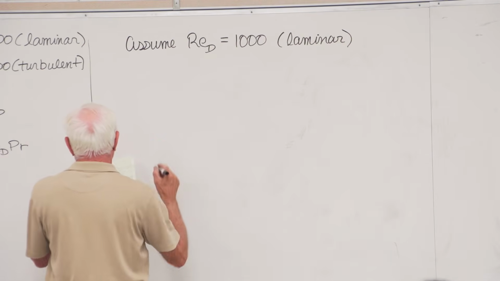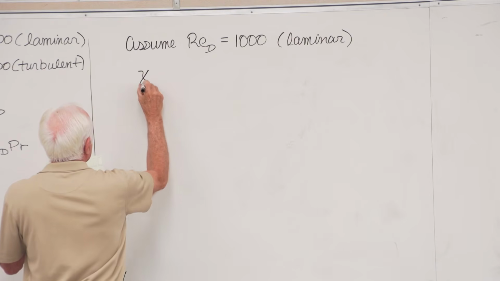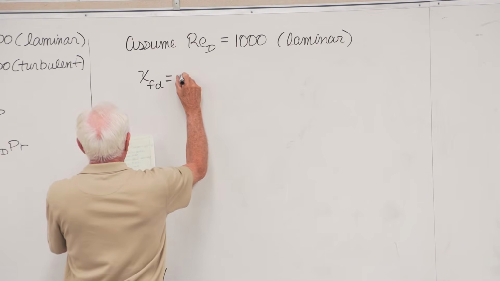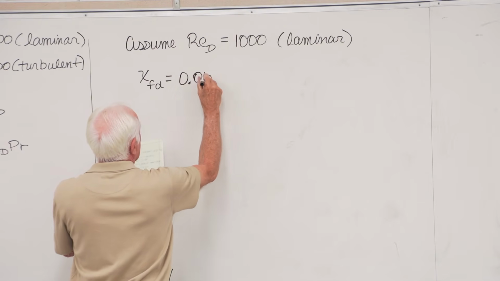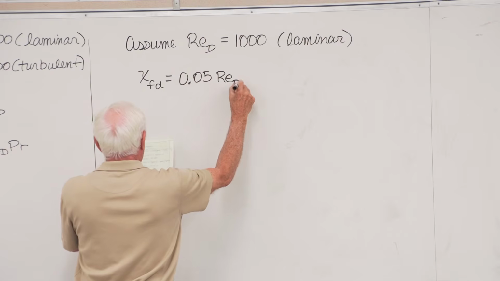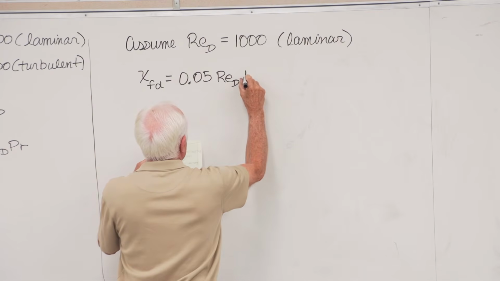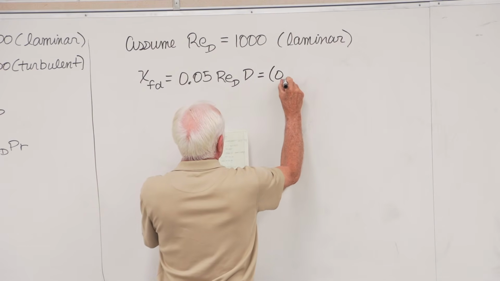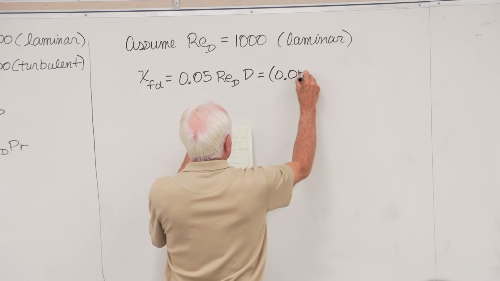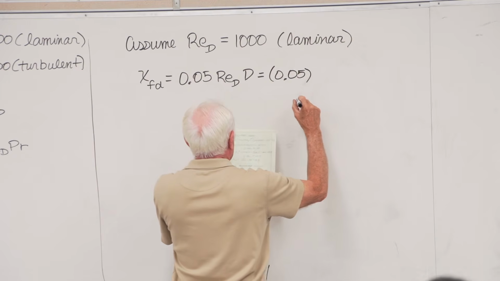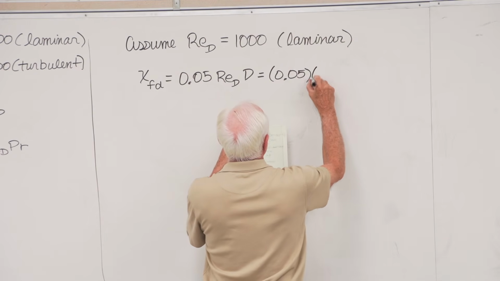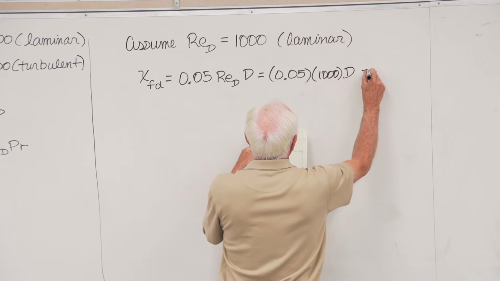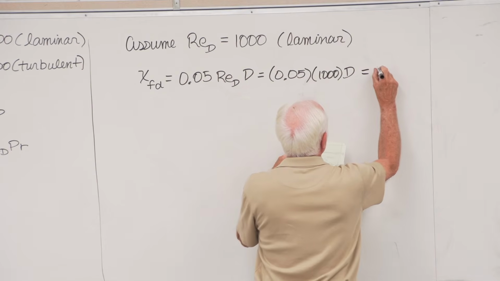Let's get X fully developed. 0.05, Reynolds number D times the diameter. 0.05 times 1,000. D is 50 diameters.